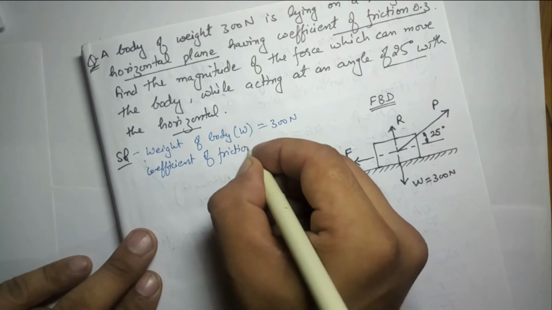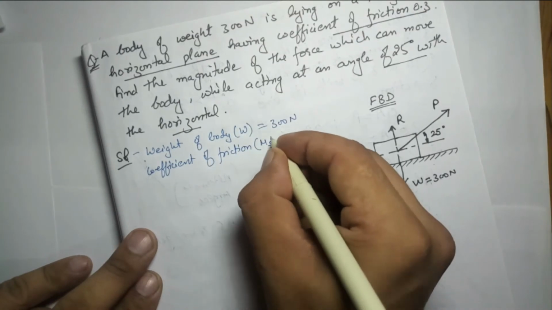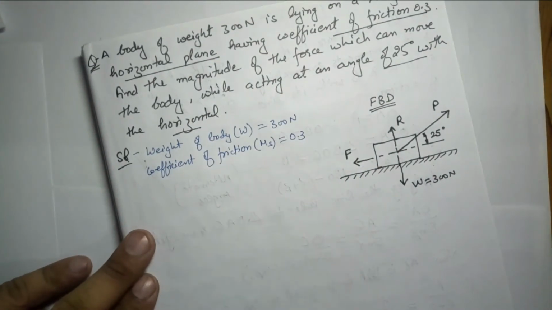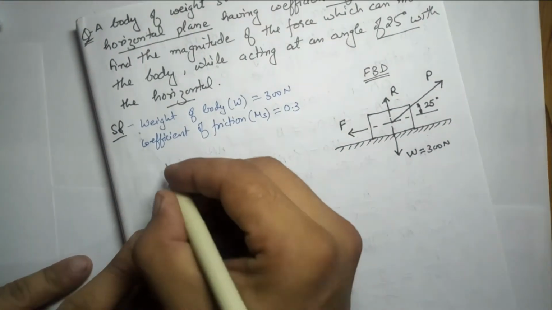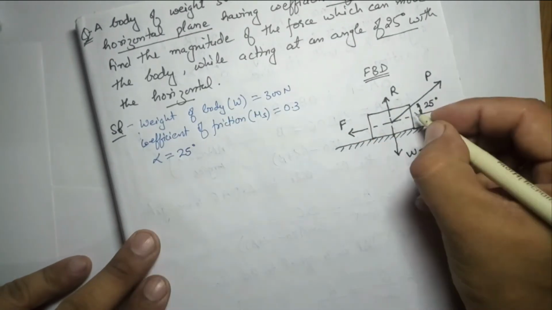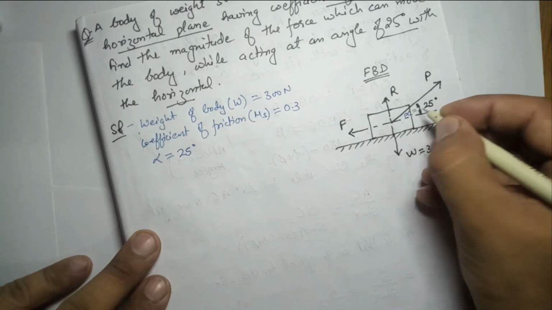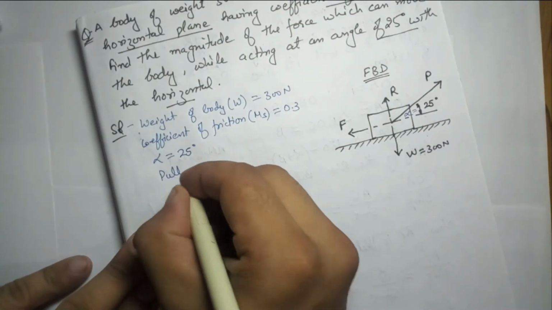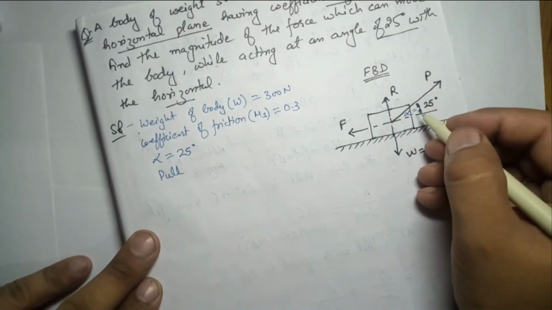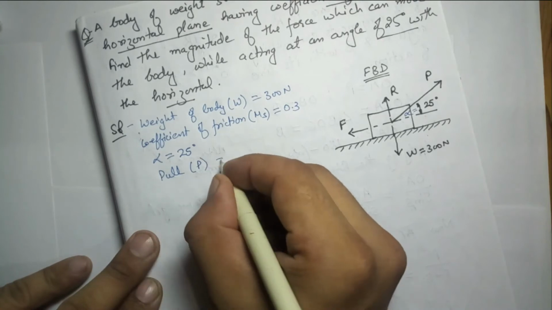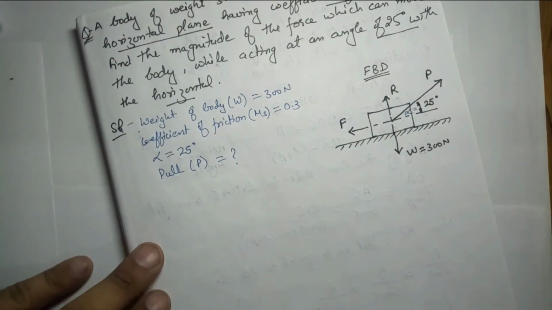This is the value of mu, or static mu, that is 0.3. Now we have the angle alpha, that is 25°. Now we have to find out the pull. Pull means it is being applied in the away direction, so I say pull. We have to find out the magnitude.